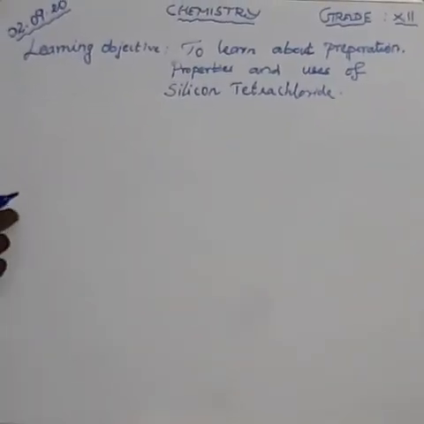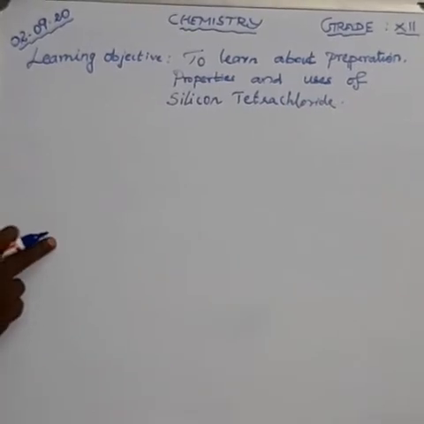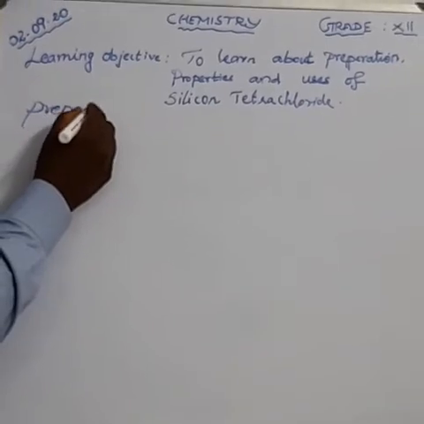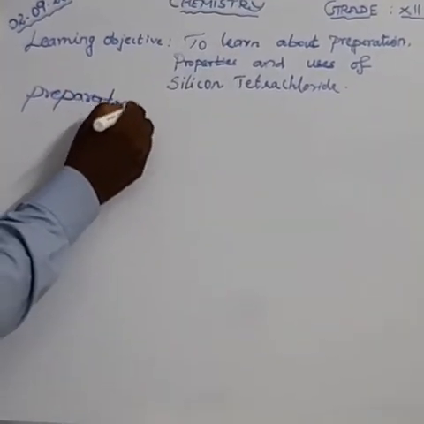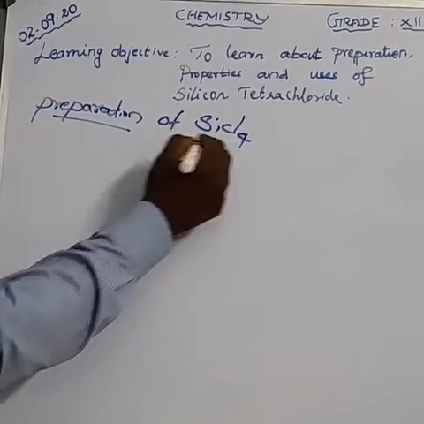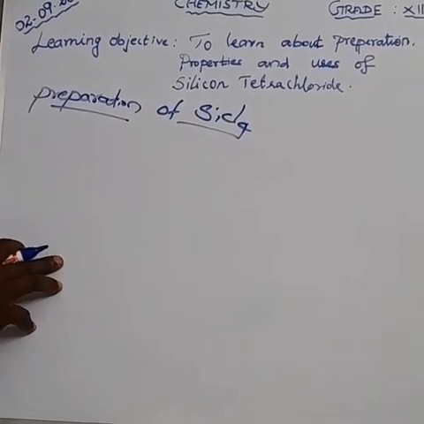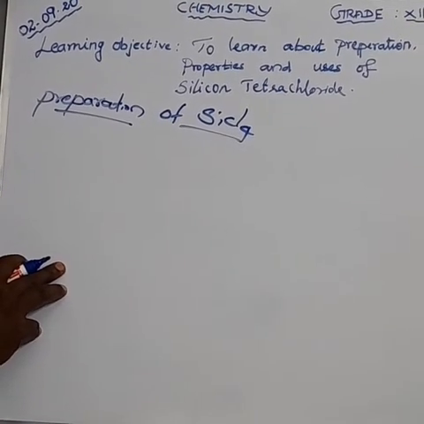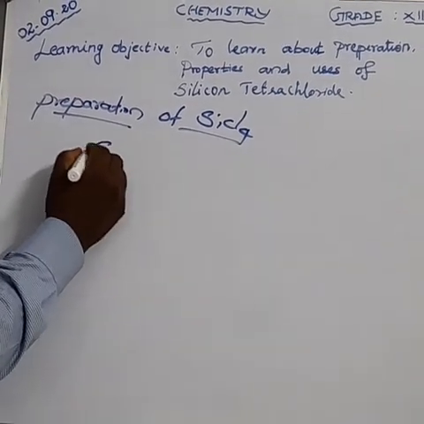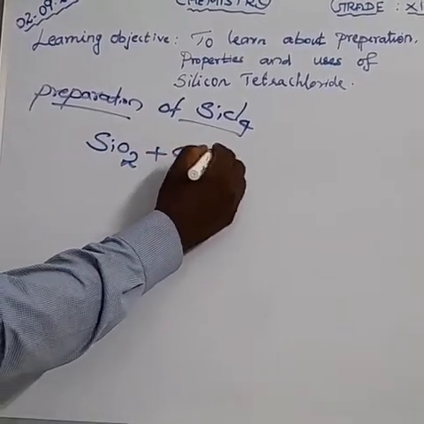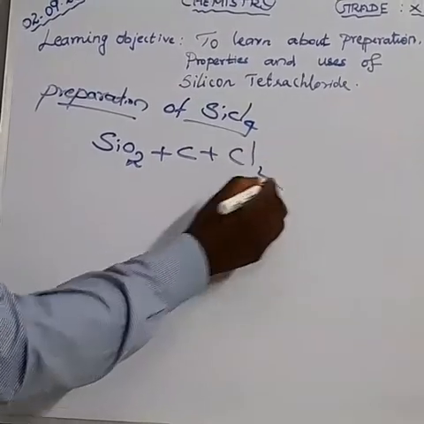Okay. Now the preparation of silicon tetrachloride, SiCl4. How can you prepare it? Already I told you about that. SiO2 reacts with carbon in the presence of chlorine.